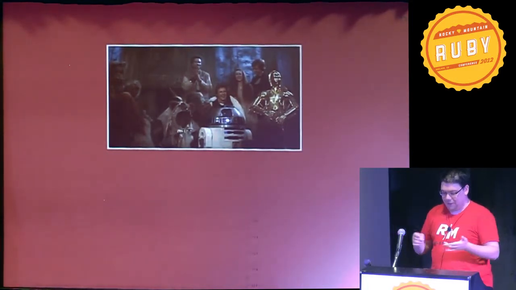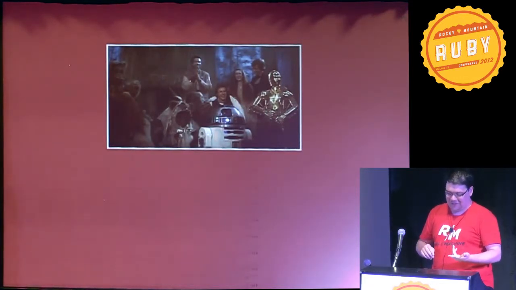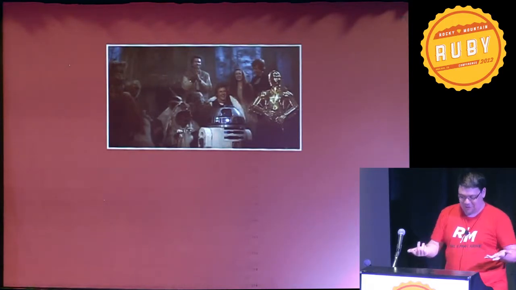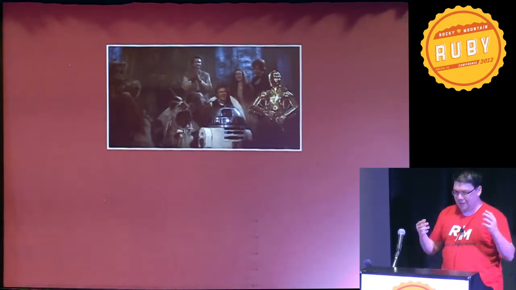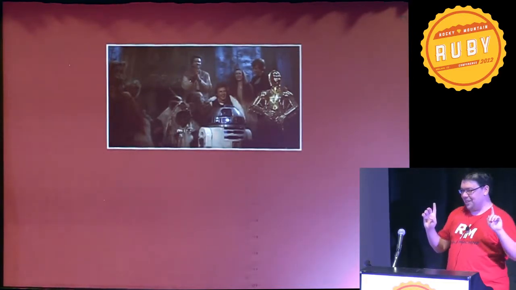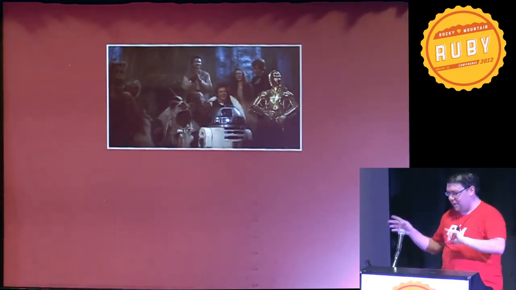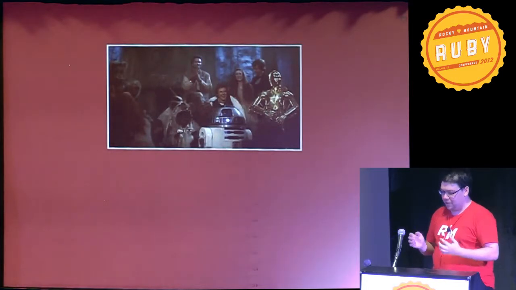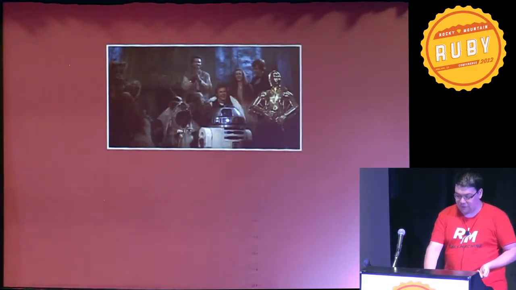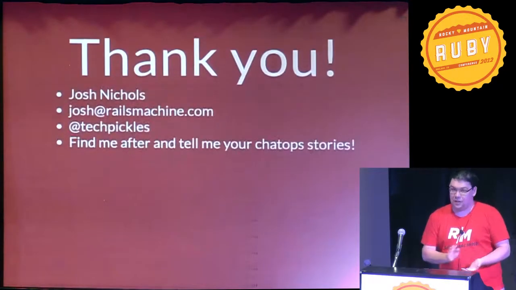If you guys are worried about me, since then I've lost like 30 pounds. I have an amazing girlfriend, and I'm now CTO. So things are going pretty well. I'm not going to say that ChatOps had anything to do with it, but it probably did. So it's been a lot of fun, and that's it for me.